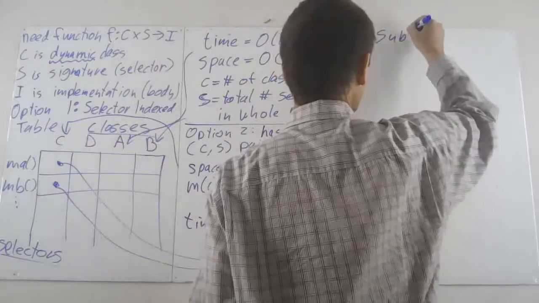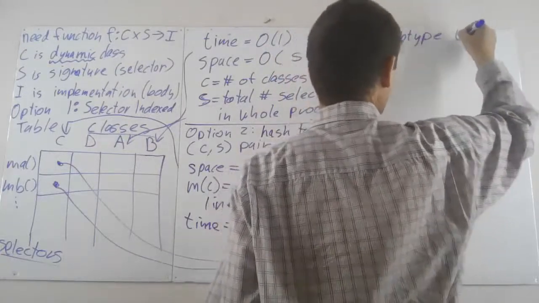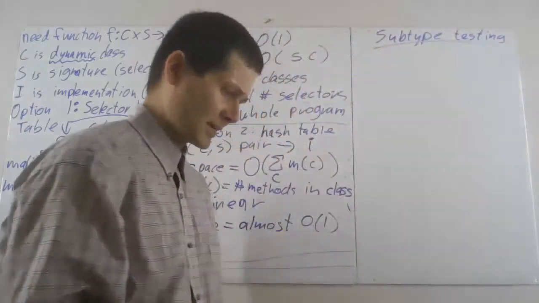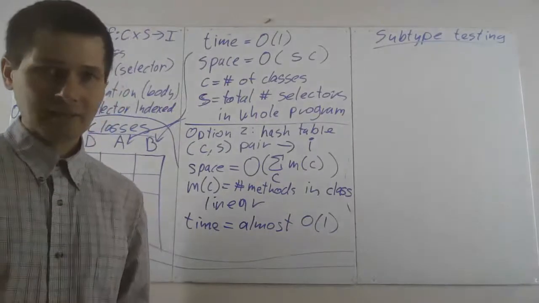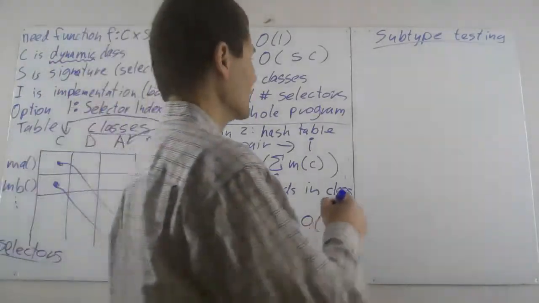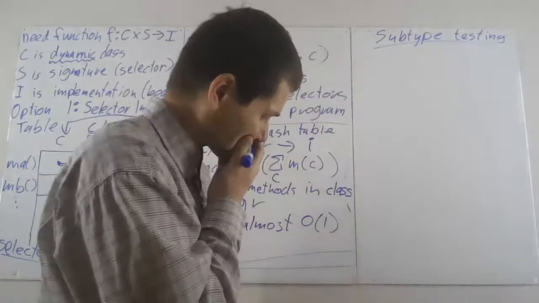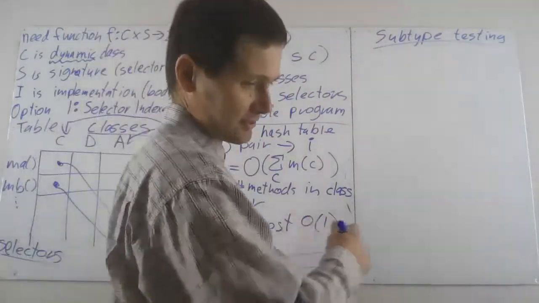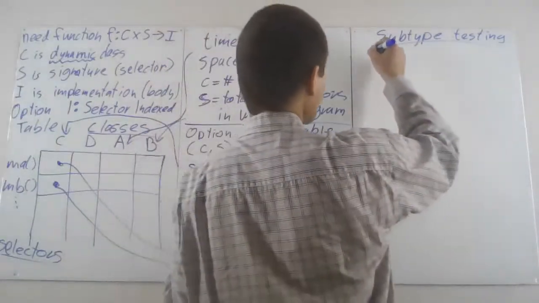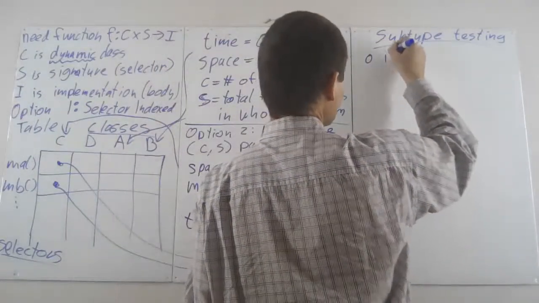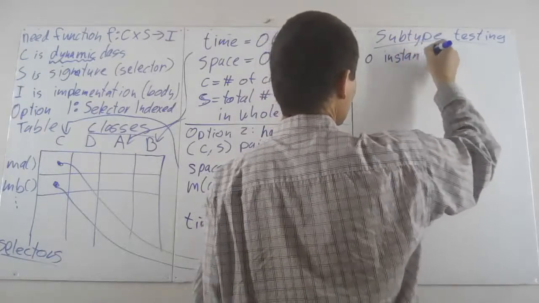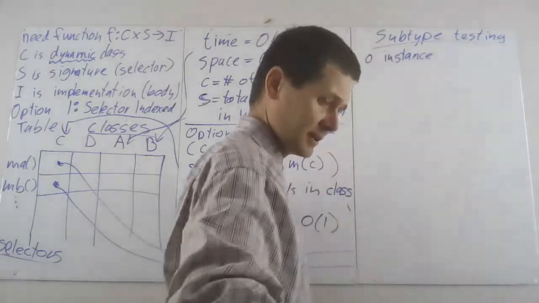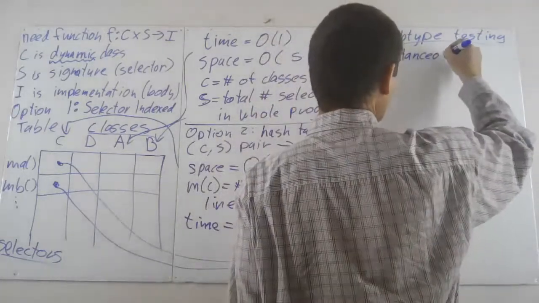But I'm going to move on to a different but related topic, and that's subtype testing. As you recall from the lectures on type checking a few weeks back, there are various places in Java where you need to be able to test for subtypes at runtime.